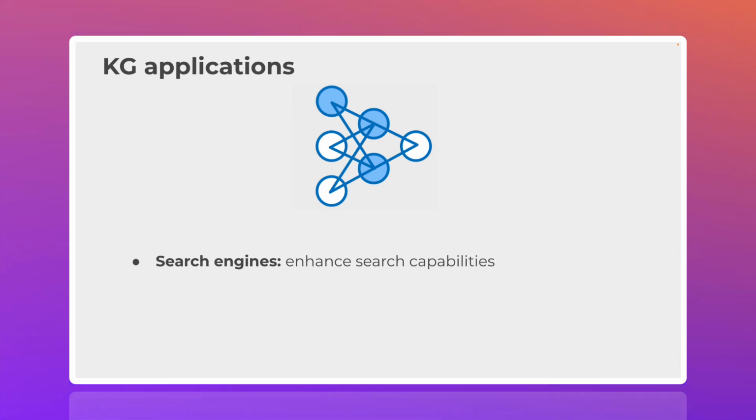They enhance search capabilities by understanding the context and the relationships that exist between the search terms. In fact, Google's knowledge graph is a knowledge graph. The representation of data behind the scenes is like a graph, as you see there, with nodes, relationships, attributes, and all of that.